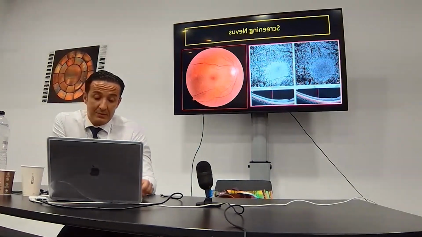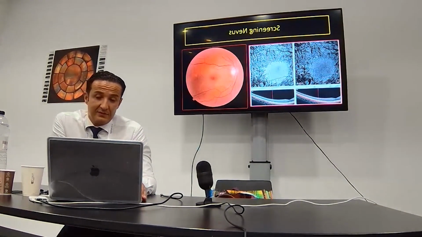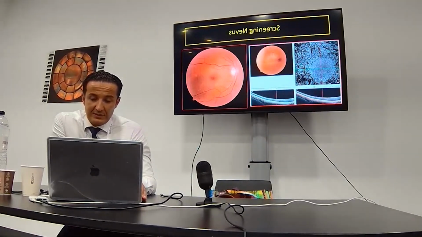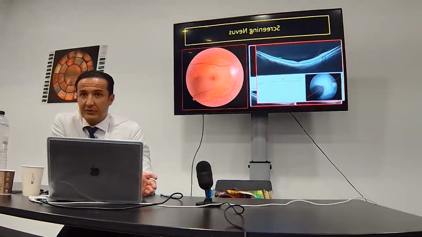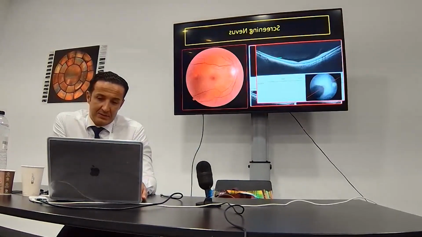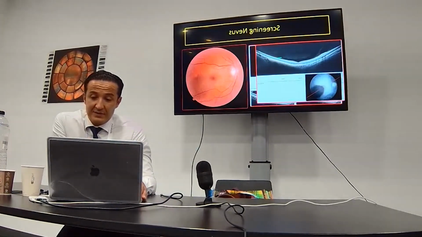Here the screening of nevus. You can check your nevus with OCT angiography, fundus camera, if there is presence of fluid or not, if there is a thickening of the lesion.